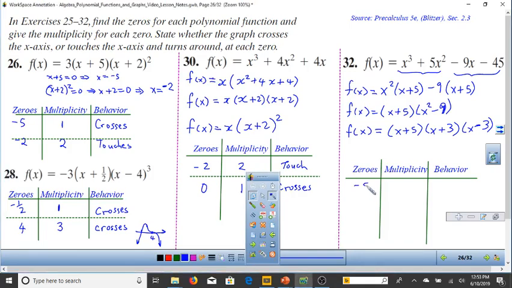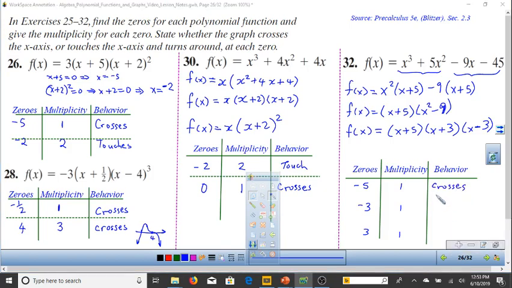We have one at -5, one at -3, and one at 3. All of these have multiplicity 1 because the factors don't have any exponents other than 1. So the graph is going to cross at each of these zeros. And there you have it.